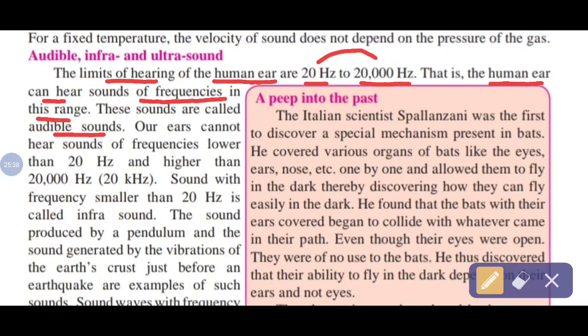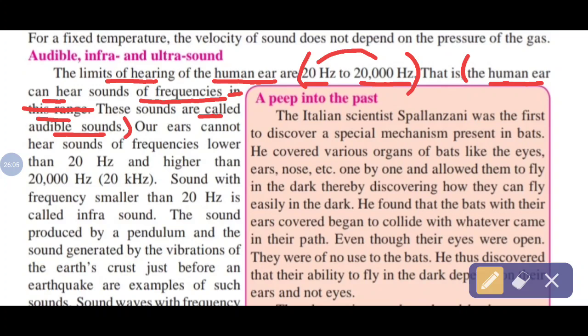All are getting? The human ear. Now in this way write the answer. Sound of frequencies 20 Hz to 20,000 Hz are called audible sounds.